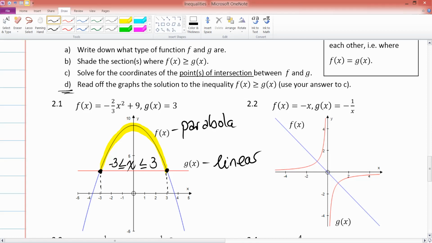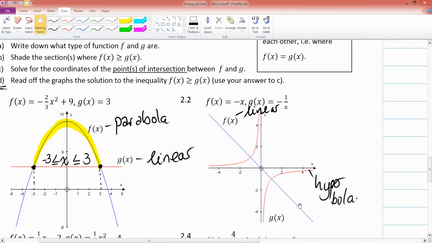Now, 2.2, because you have a straight line, answering part A, this is a linear and a hyperbola. So where is your linear graph?